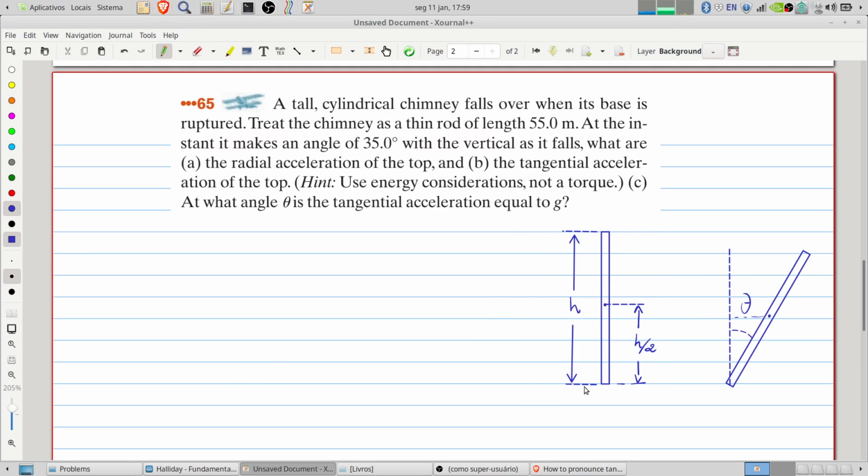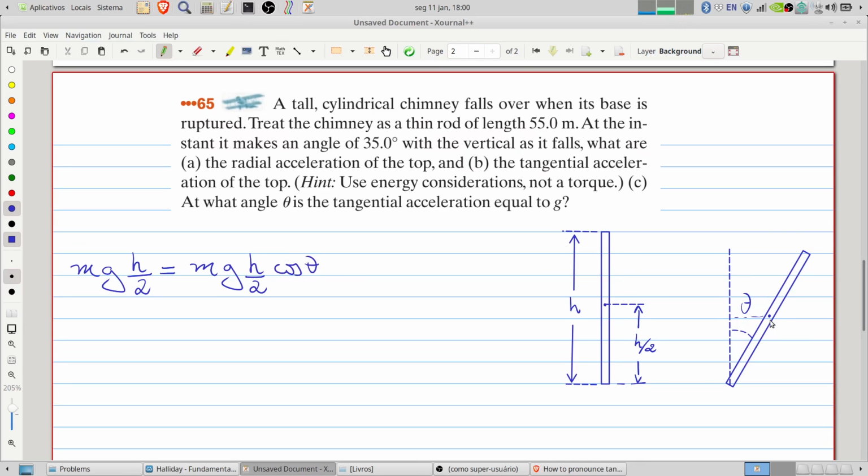In the initial situation, we have only potential energy, so we can write that potential energy will be mg and the height of the center of gravity, that is h divided by 2. This equals the potential energy in these situations, that is mg, h divided by 2, multiplied by the cosine of theta.